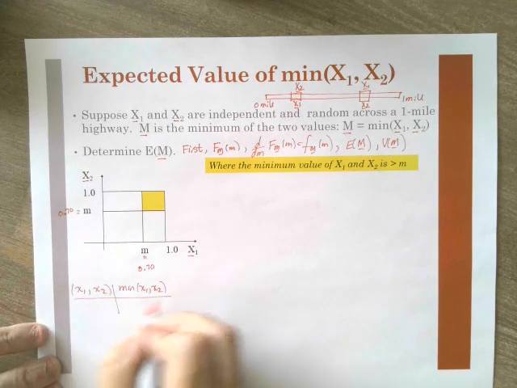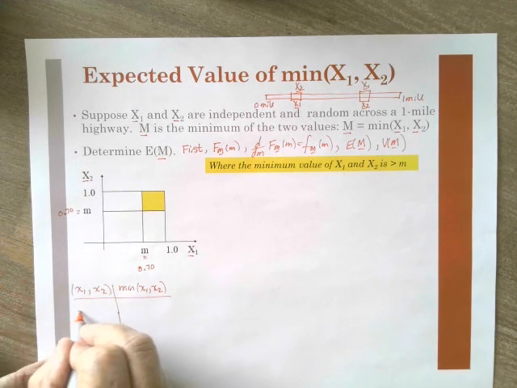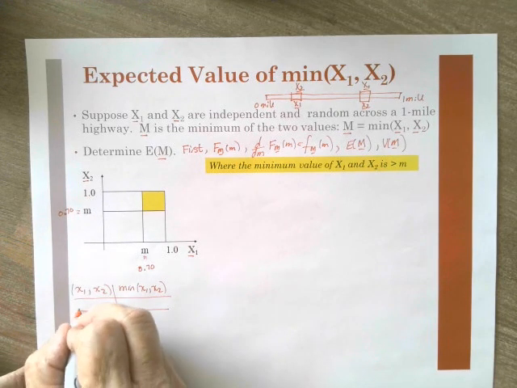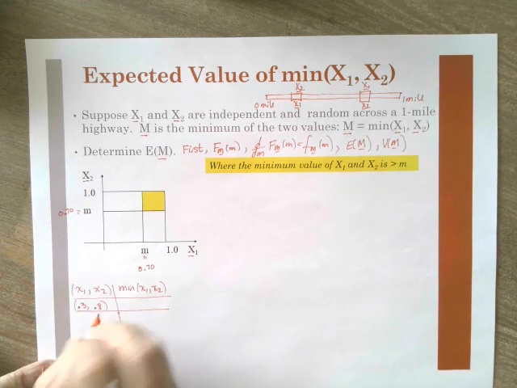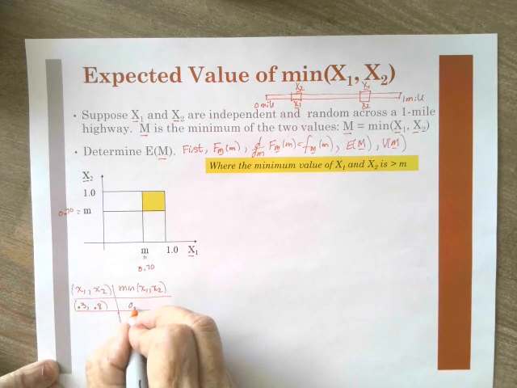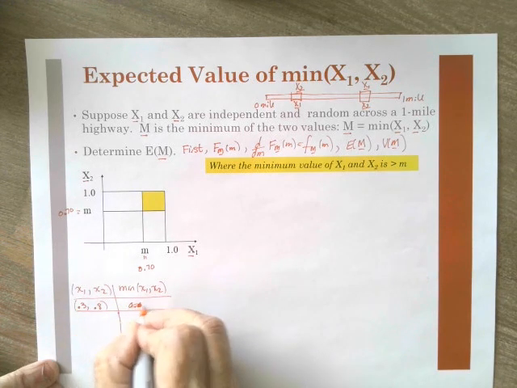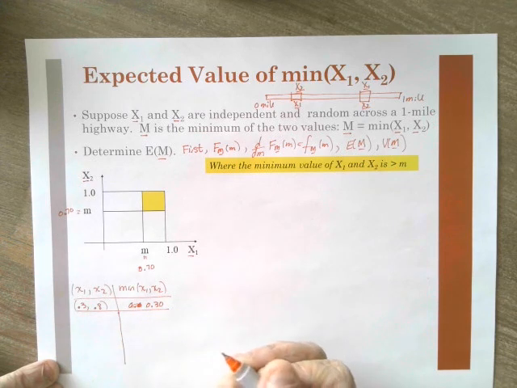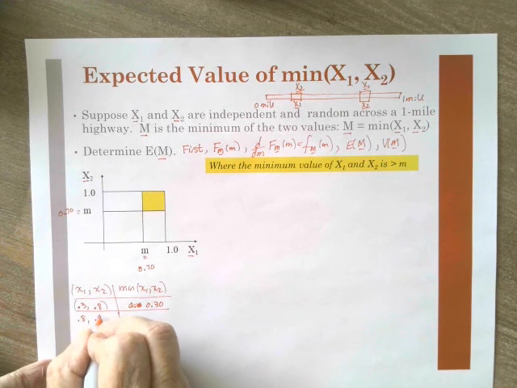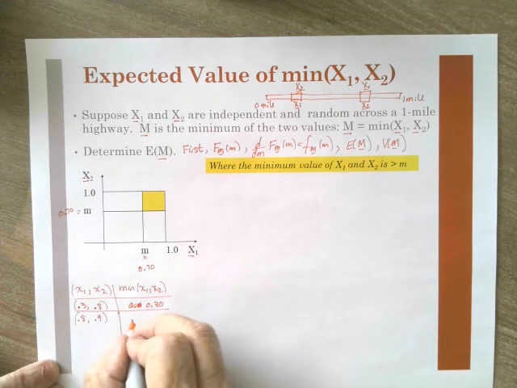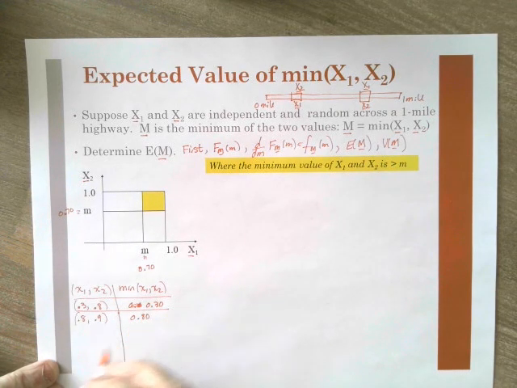Let's say we pick the first point, 0.3 and 0.8. The smaller of those two is pretty clearly 0.3. Then we'll pick another one, 0.8 and 0.9, and the smaller of those two is 0.8.